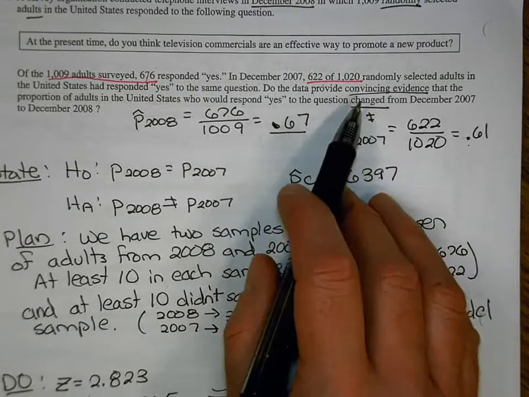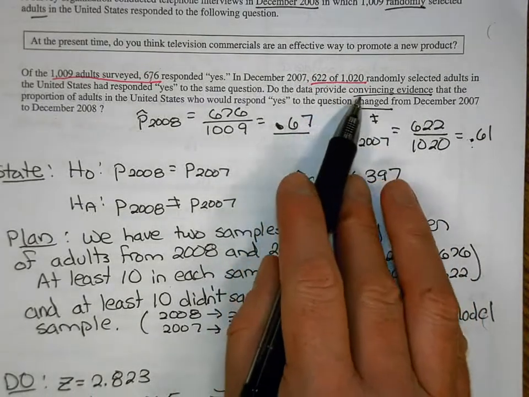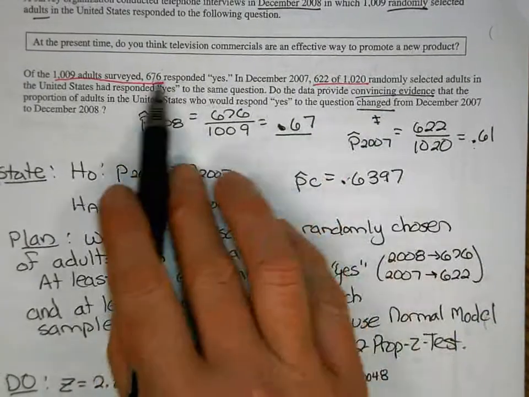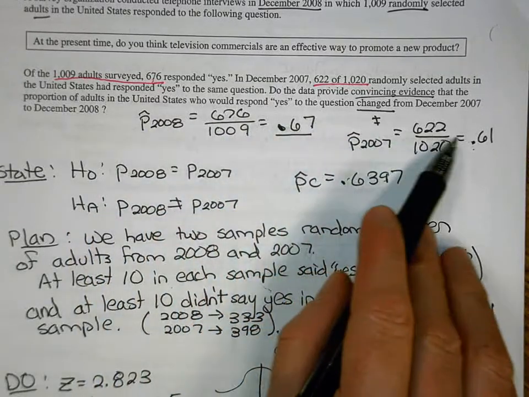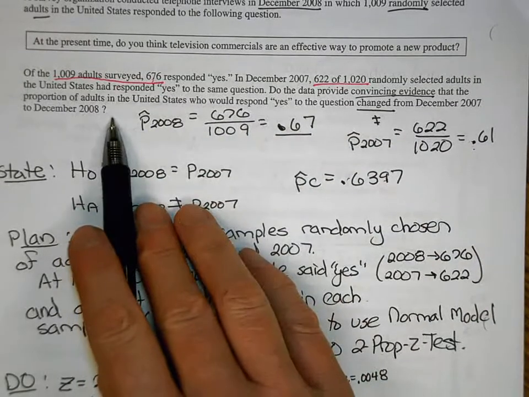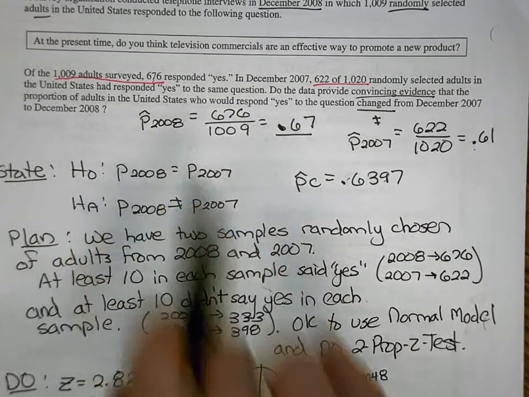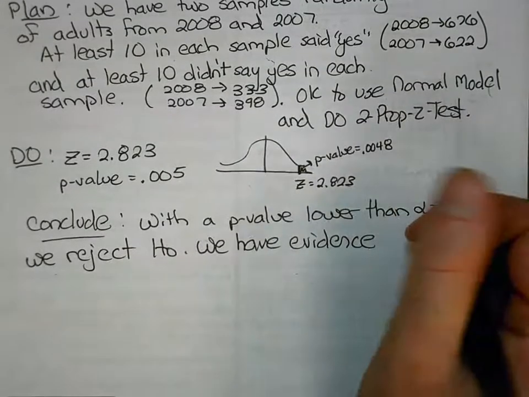They wanted to know, do the data provide convincing evidence that the proportion of adults in the United States who respond yes to the question changed from December 2007 to 2008. I'm going to rewrite that exact thing to make sure I'm in the right tense and everything else so nobody gets upset with me when they're grading my paper.